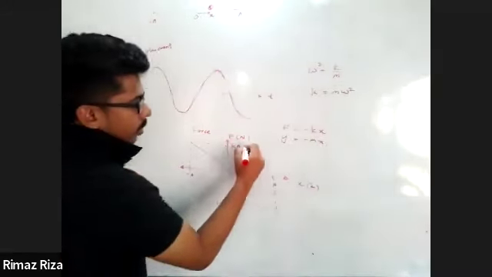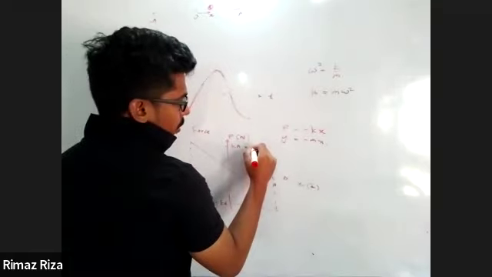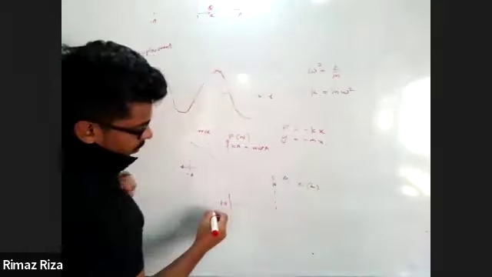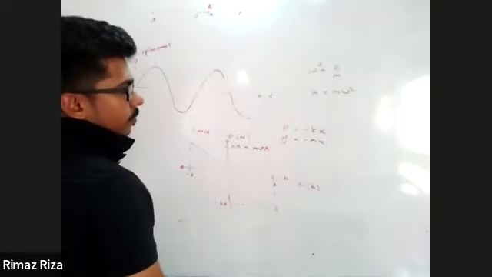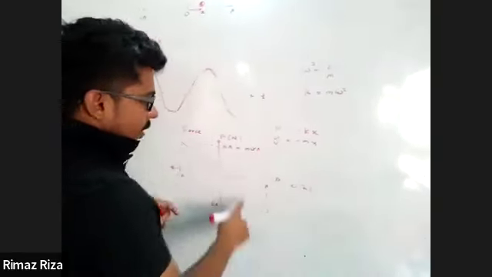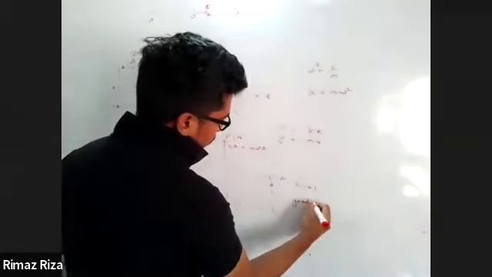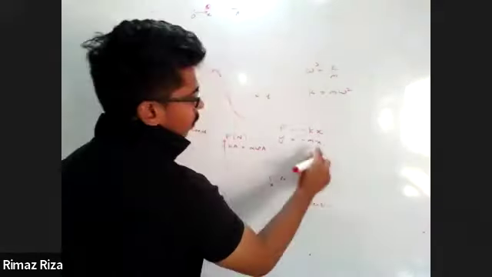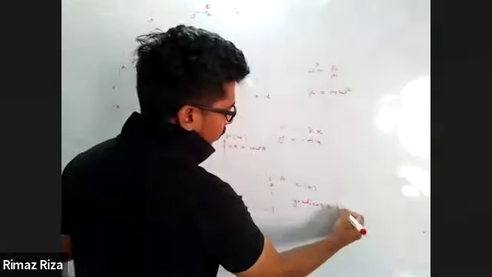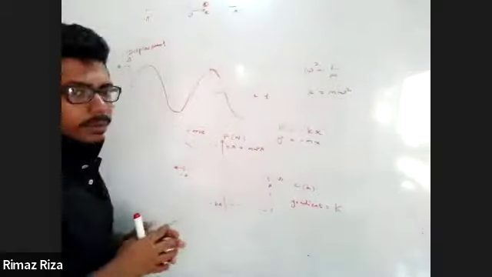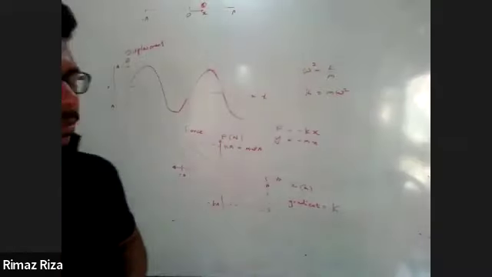So this will be equal to m omega squared A, and this is minus m omega squared A. And the gradient of this graph gives the spring constant. Gradient is equal to the spring constant.